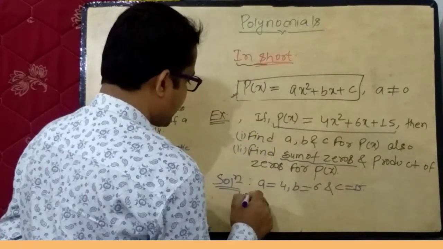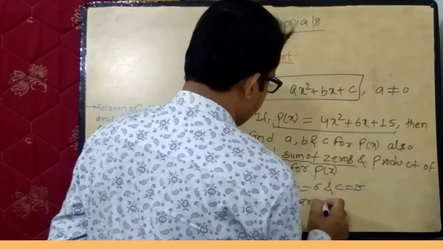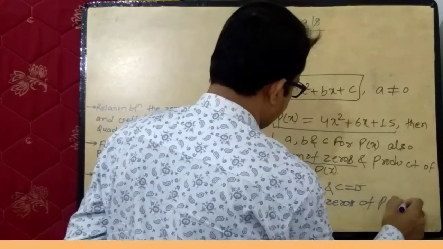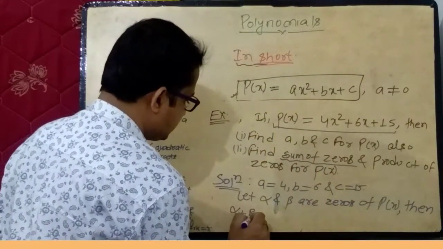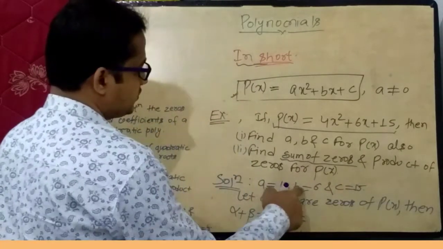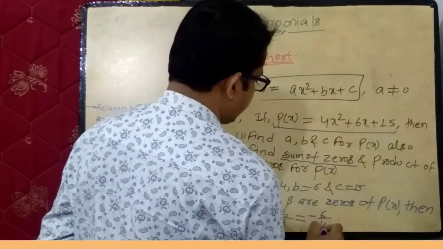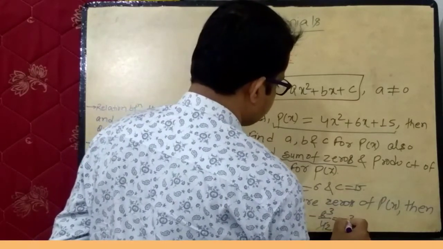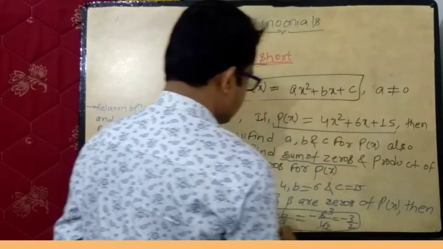Let alpha and beta be the zeros of p of x, then alpha plus beta equals minus b upon a, where b equals 6, so minus 6 upon a equals 4. If you simplify this, 2 2s are 4, 2 3s are 6, that is minus 3 upon 2. Then alpha plus beta equals minus 3 upon 2.